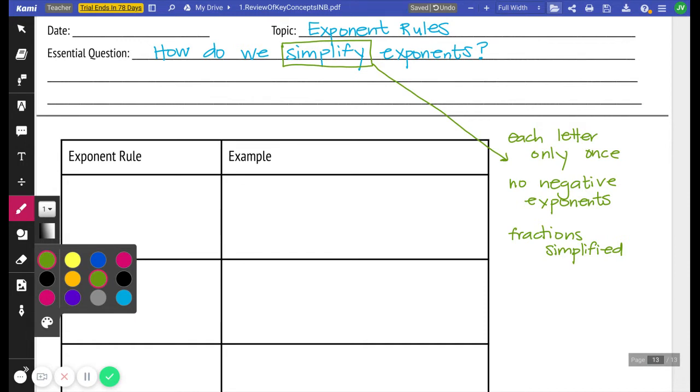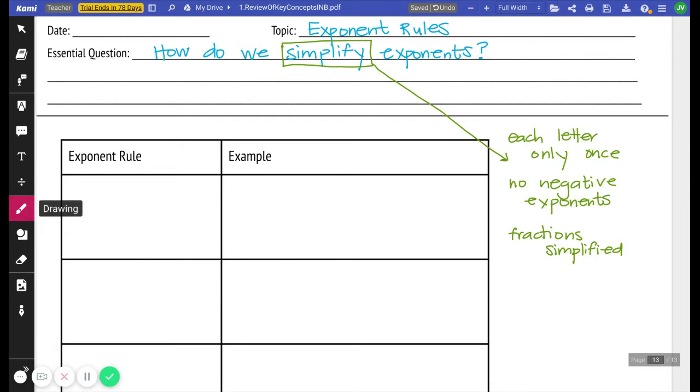So we're going to look at 6 rules, and a 7th one kind of on the side, kind of like we just did with our definition of simplifying, of how to deal with exponents. So the first rule is this.